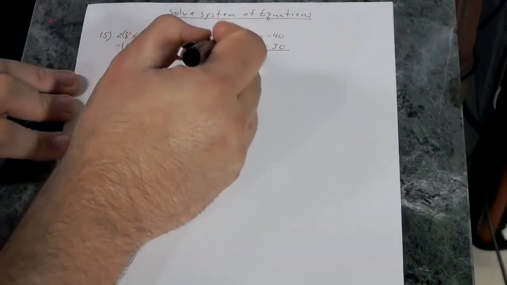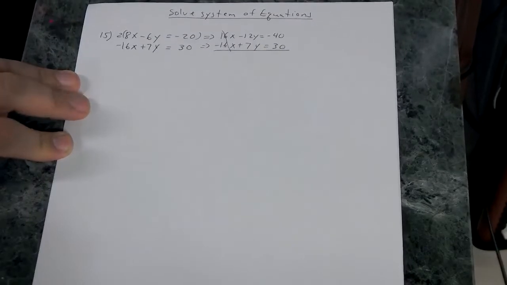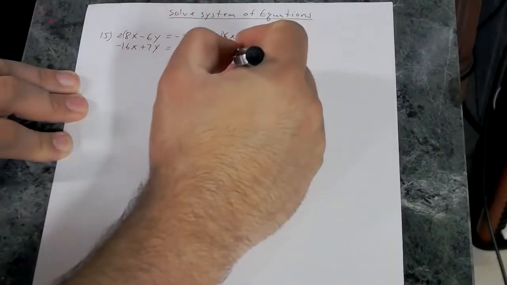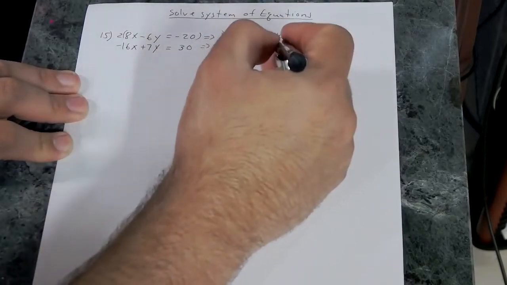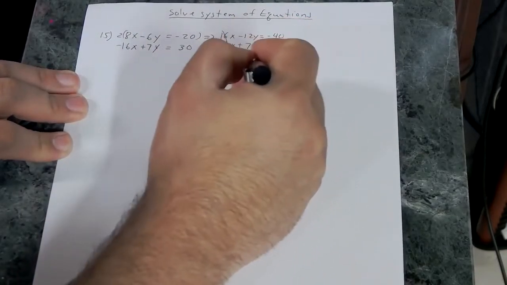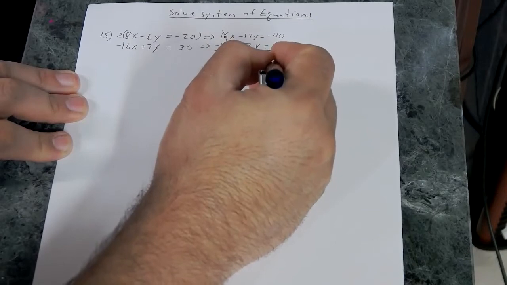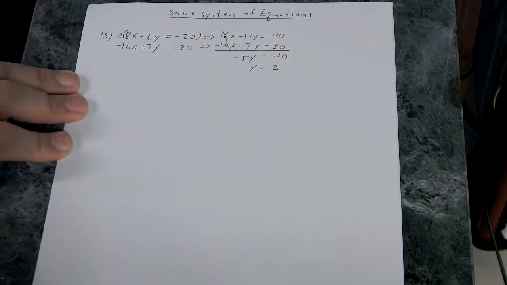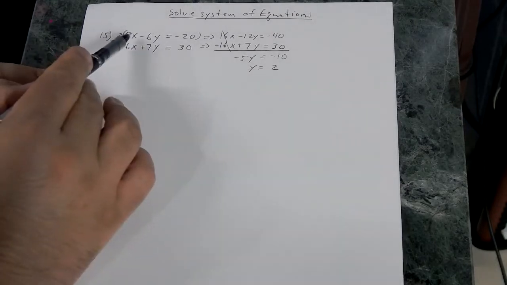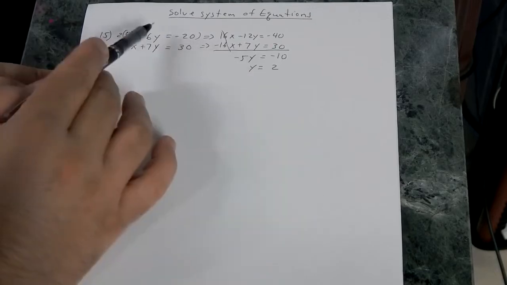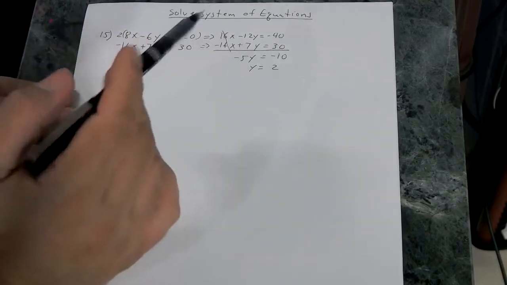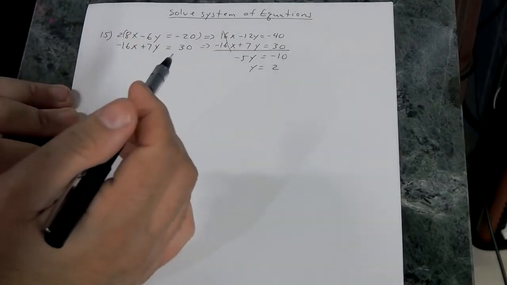As you see, when I add, I just eliminated the x's. And I end up with negative 5y equaling negative 40 plus 30, which is negative 10. So y is equal to 2. And now all I have to do is plug in y to be 2, choose any of the original equations, either the top or bottom. I'm going to do the bottom one.